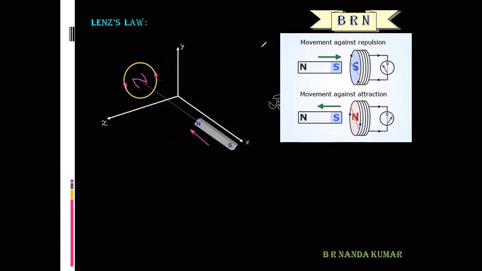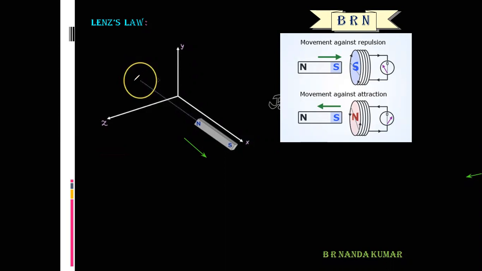Suppose the north pole of the bar magnet is moving away from the face of the loop. Again, the magnetic field lines passing through the loop change.